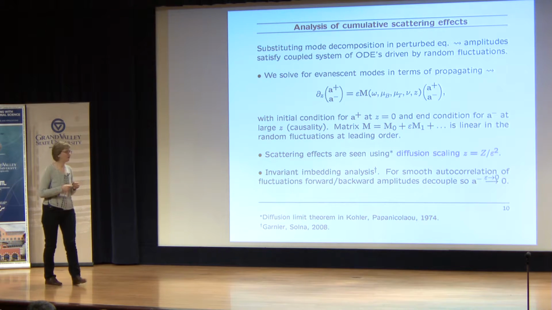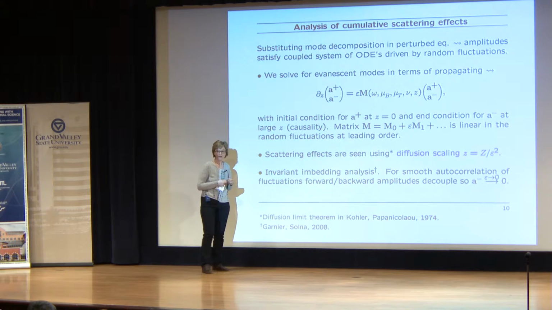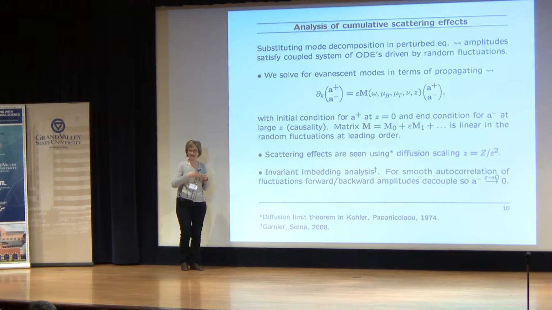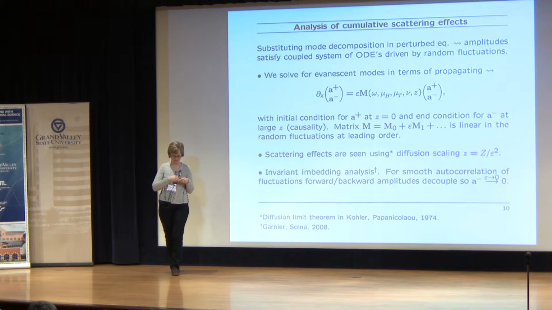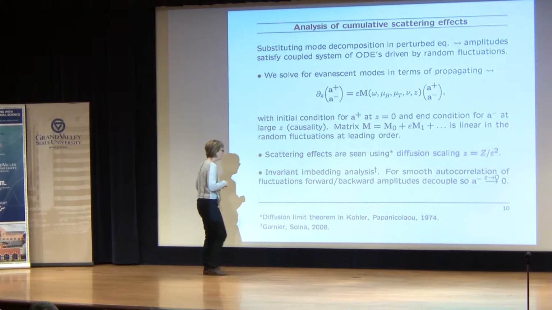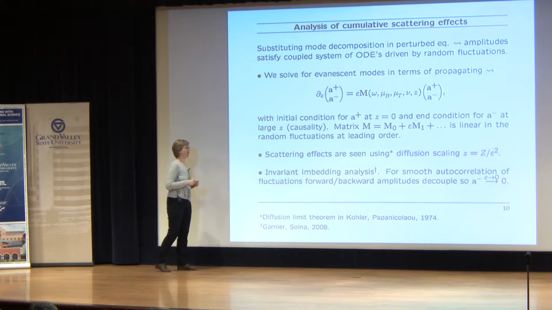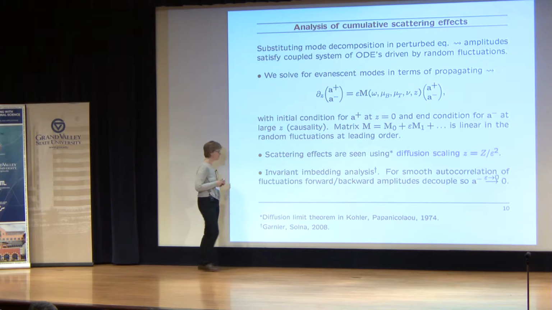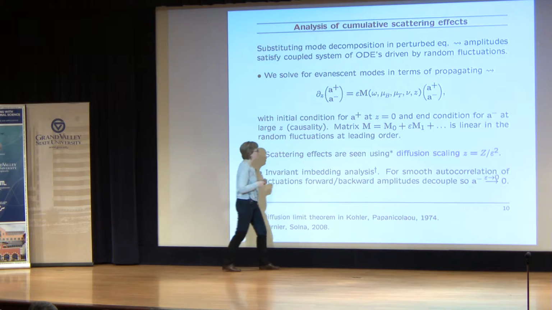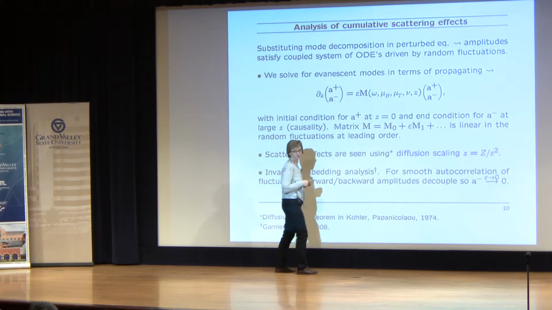Okay, so in order to do that correctly, you use a technique known as invariant embedding, which means that you work with reflection operators and transmission operators. That's just a technicality. Essentially, when you do that, you find that in the typical regimes that we are interested in, that is for smooth autocorrelation functions, the forward and the backward going waves decouple in the limit epsilon goes to 0.